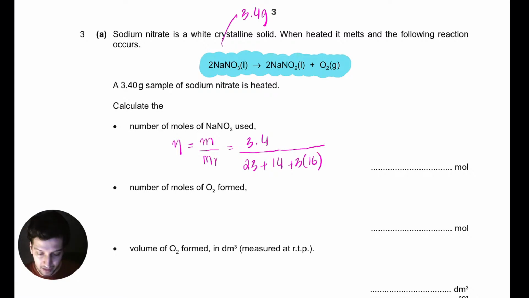That's 23 plus 14 plus 3 times 16. I'm getting 85, and 3.4 divided by 85 is 1 over 25, which is 0.04. I'm getting 0.04 moles.